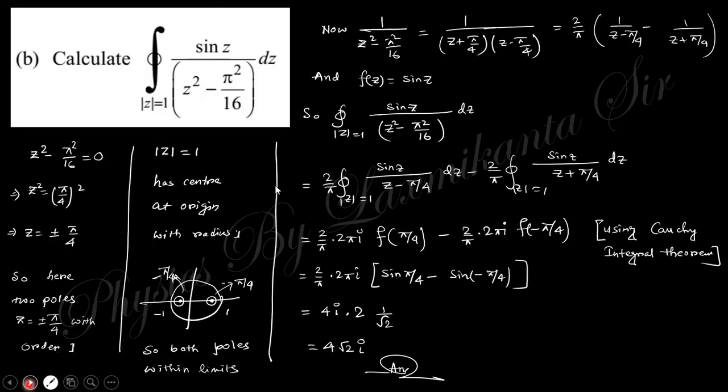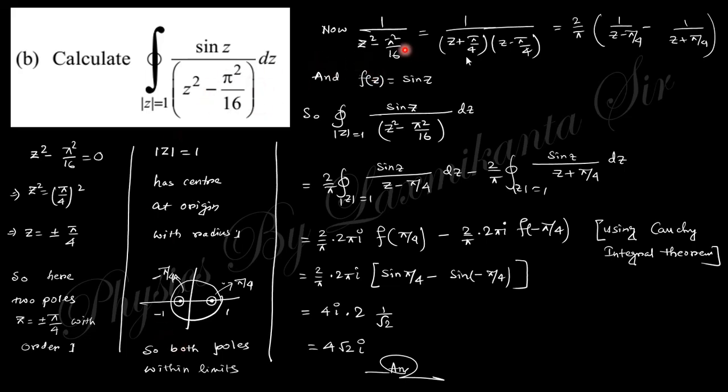Next question. For this one, you can see this limit gives you the values z equals plus minus pi by 4. The poles are actually plus minus pi by 4 with order 1. And this limit, mod z equals 1, gives you a circle like that. And you can see these 2 points are within the circle. So you need to take them into account. If these points are outside, then this will be 0.